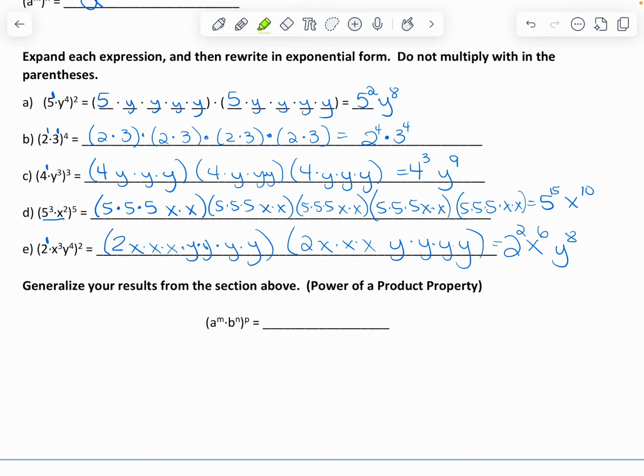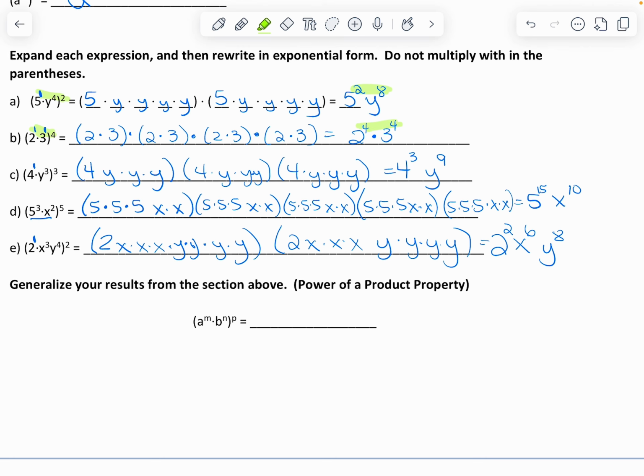So again, we're going to compare these exponents with these exponents. Now, if we look, all the bases are the same. The bases didn't change at all, but the exponents did. So on this first one, we have 5 to the first and y to the fourth.